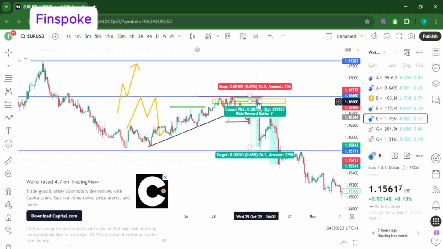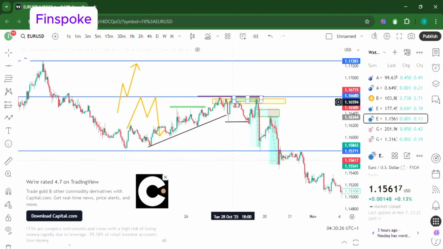I took this trade at the retest of this zone, or you can call it at the end of this pullback, because what we normally say is when you are following this M pattern, where you enter a trade is at the break of this level.